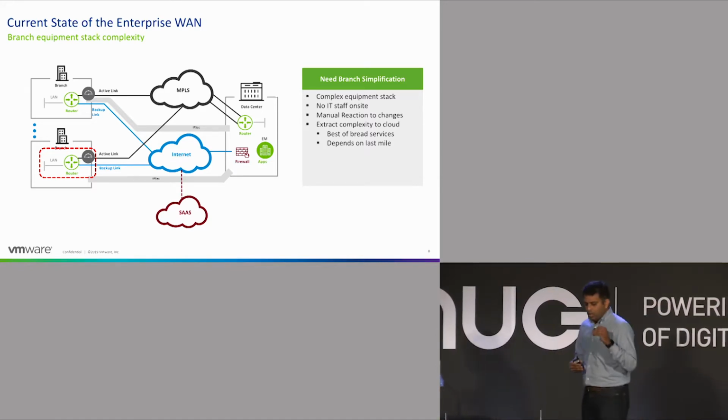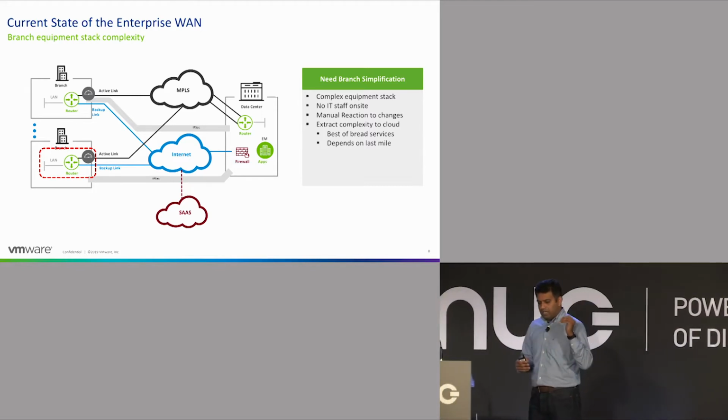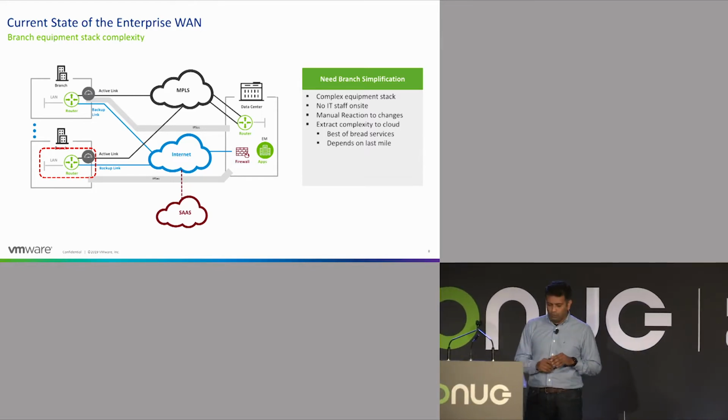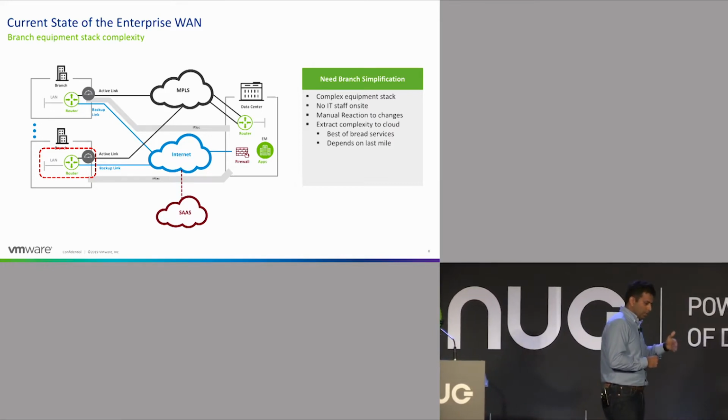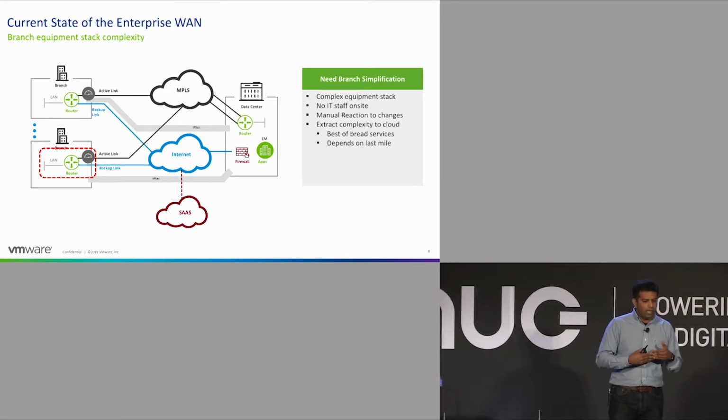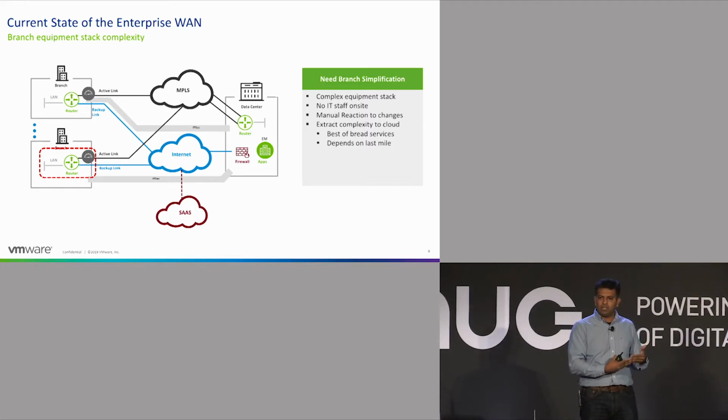What I want to convey with this slide is that when we look at our solution components, it becomes pretty evident that we try to extract most of the complexity which is on premise, abstract it, and present it in a simplified way to the user.